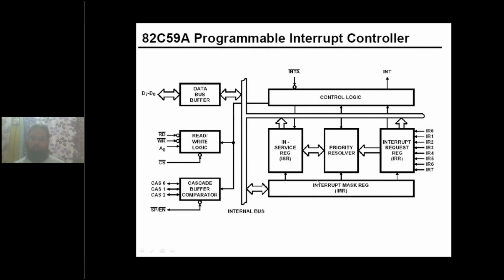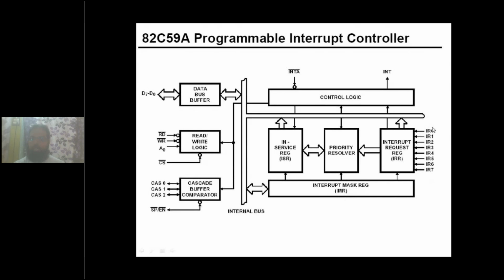Suppose in the IMR the value is 1, six zeros, and then 1. It means that among the available 8 interrupt request inputs, the interrupts at IR0 and IR7 are accepted and the remaining interrupts are rejected. So this decides which interrupt is to be accepted and which is to be rejected.